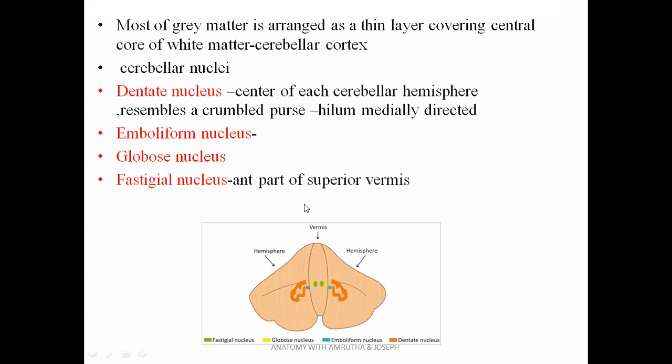That's its location. So there are four nuclei on each side inside the cerebellum, deeply located. And what are nuclei? They are collections of nerve cell bodies inside the central nervous system.